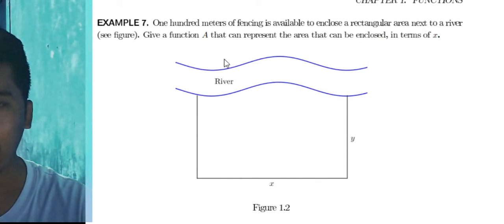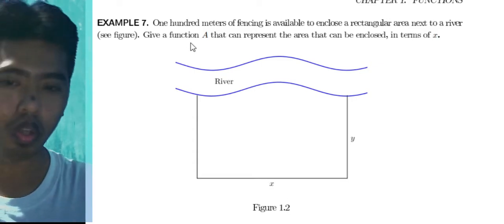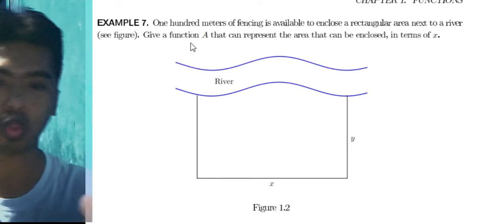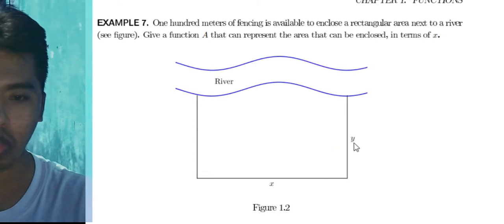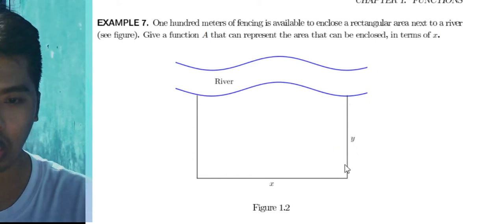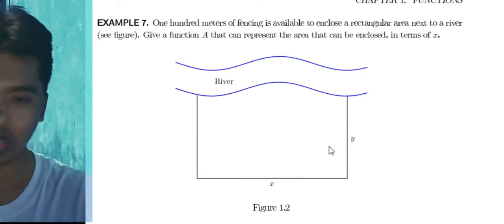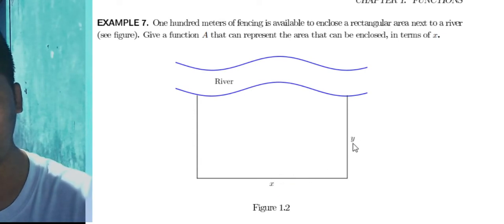Now the question here asks us about the area. As we all know, the formula for the area is length times width. On this illustration, y represents our length and x represents our width, or vice versa. You can also put this one as your length and this as your width.